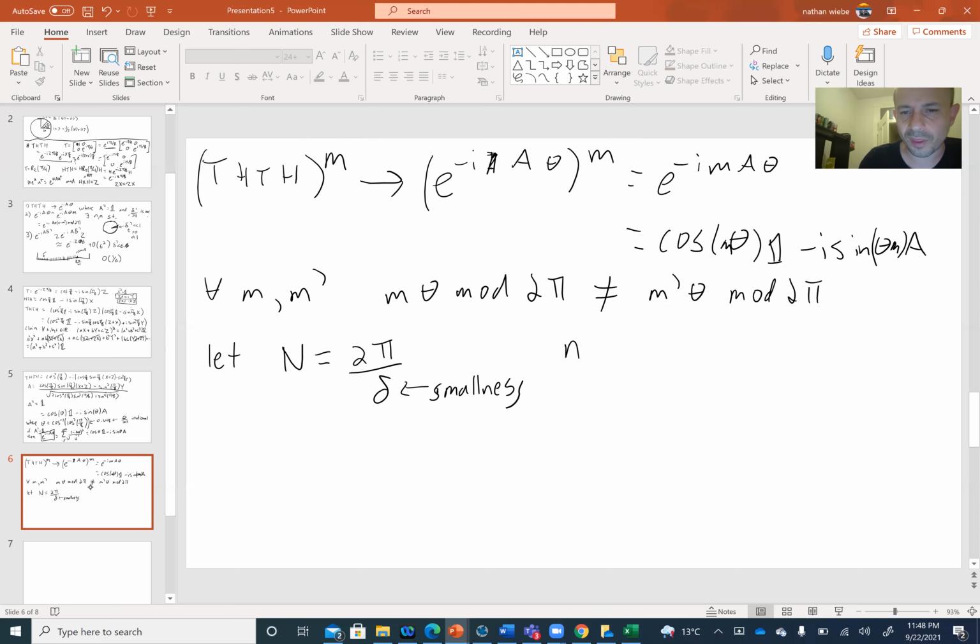And we're going to assume that we have two integers, n and m, elements of the interval 0 to n minus 1. Now, the claim that I'd like to make is let theta k be just equal to k theta mod 2 pi.